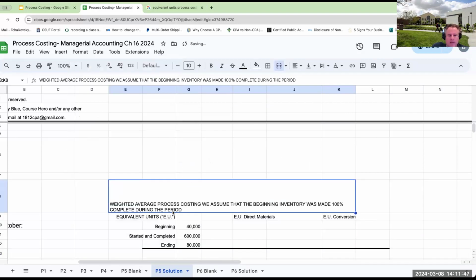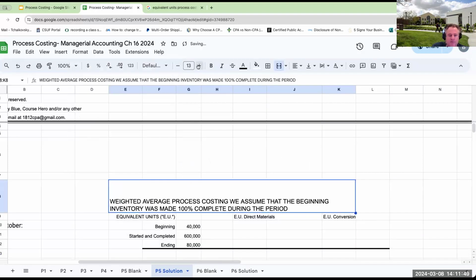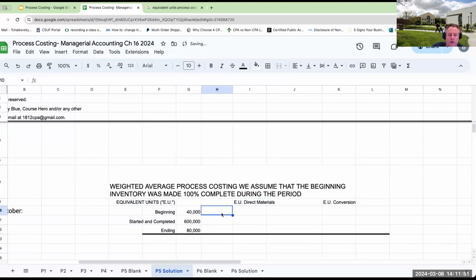That's the main assumption we're using when we're going through and doing this. It's a methodology. It's weighted average process costing.